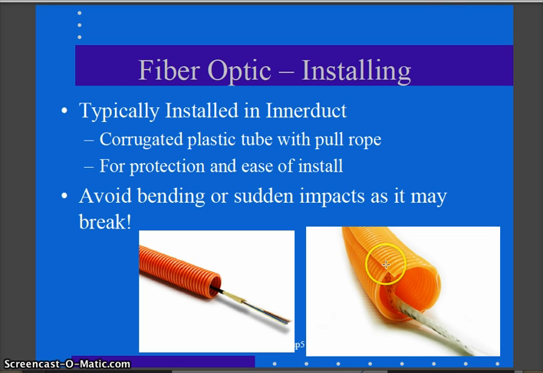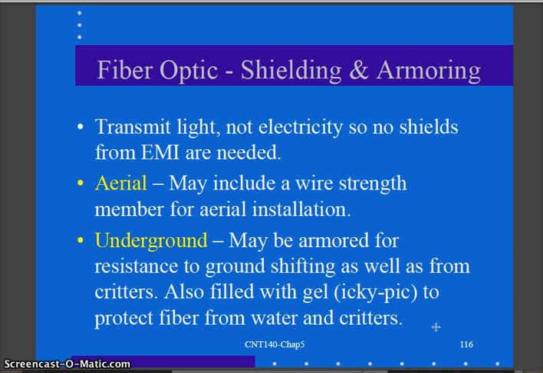When you buy this stuff, it typically comes with a pull rope already installed, and you carefully tie the fiber onto it. They make special little doodads to clip on the end, called pull eyes, that I can attach onto the fiber, and I carefully pull it through the interduct, install it in there, and then plug it into my devices and so forth. So that's typically how I'm going to install my fiber, with a piece of interduct.